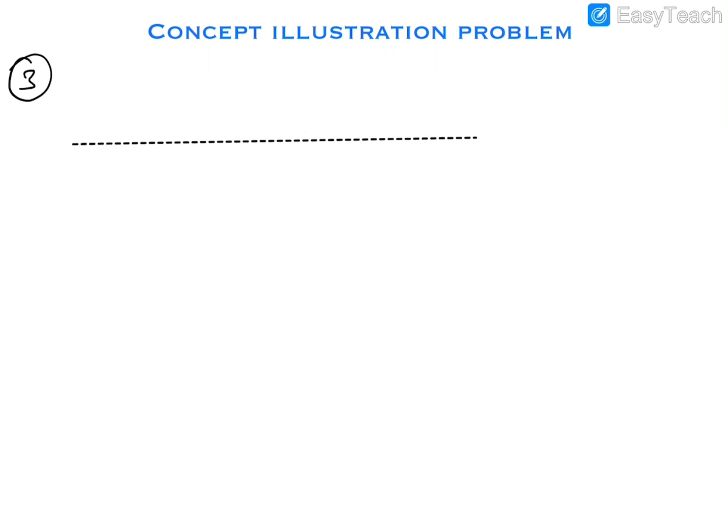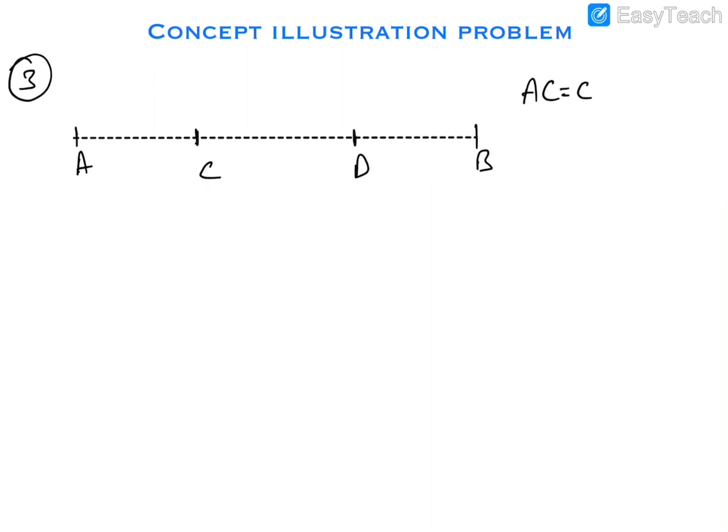Let us suppose that this is A, this is B, and this is C, this is D. So distance AC is equal to CD is equal to DB. The speed is V1 in this section, and V2 in this section, and V3 in this section.